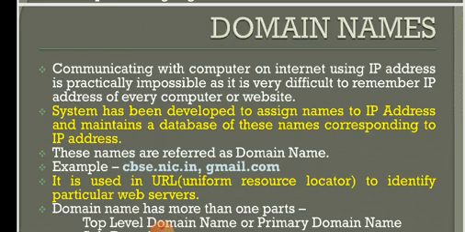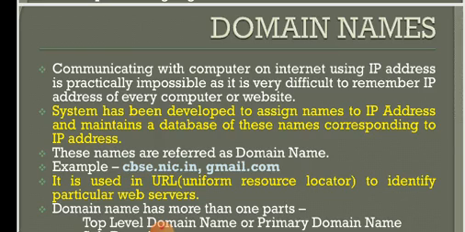Just look at this definition. Communicating with computers on the internet using IP addresses is practically impossible, as it is very difficult to remember the IP address of each and every computer or website. A system has been developed to assign names to IP addresses. Similar to assigning names to mobile numbers, we are assigning names to IP addresses and maintaining a database of these names corresponding to IP addresses.